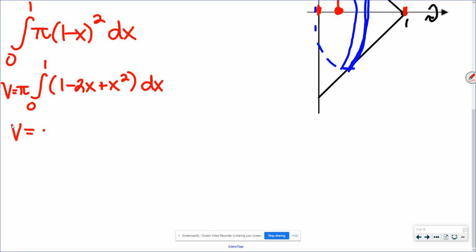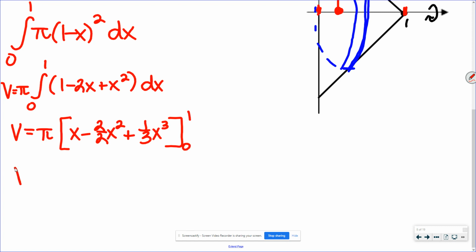So now, pi will stay on the outside. The antiderivative of 1 is x. And then we would have 2 over 2 x squared plus 1/3 x to the third, evaluated from 0 to 1.